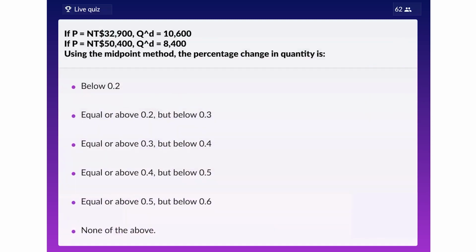Okay, what about the percentage change in quantity? Below 0.2, or 0.2 something, or 0.3 something, 0.4 something, 0.5 something, and so on. Okay, we have like 5 seconds left, so please hurry up.